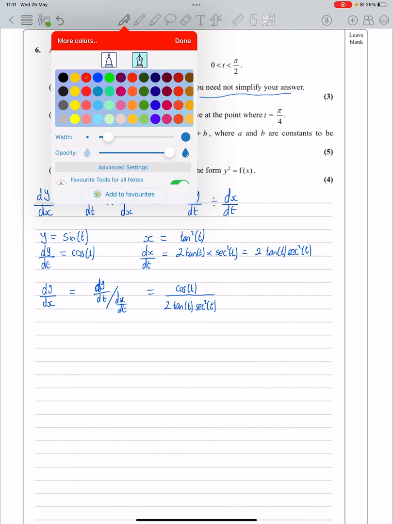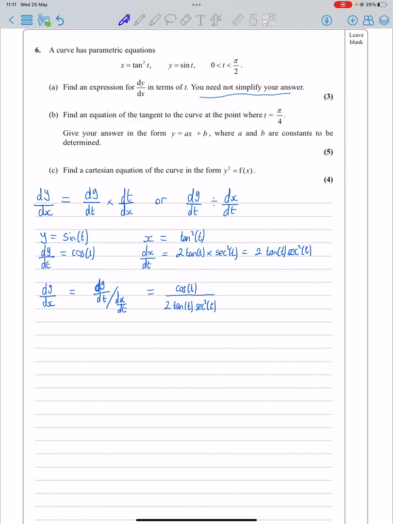Find an equation of the tangent to the curve at the point where t equals pi over 4. So at t equals pi over 4, dy/dx equals, and we substitute pi over 4, cos of pi over 4 over 2 tan pi over 4 sec squared pi over 4.